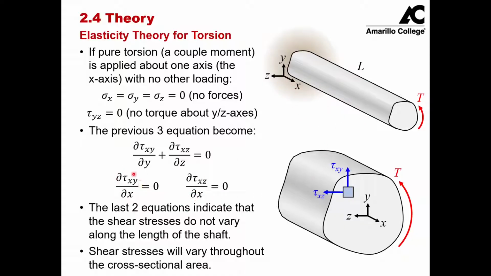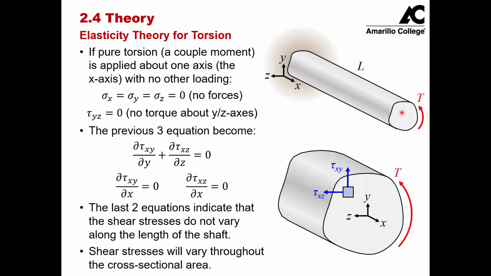So the derivative of shear stress xy with respect to x is 0, and the derivative of shear stress xz with respect to x is 0. That means there is no variation in the x direction, which makes sense. As long as the cross section of our shaft is constant in the x direction, then our shear stress should not vary along the x direction either.